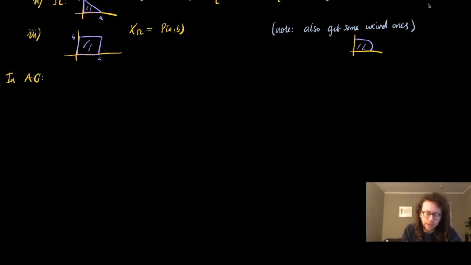Now, in algebraic geometry, a story which I'm sure many of you are familiar with, to what I'm calling a moment polytope, one can associate a polarized toric variety.